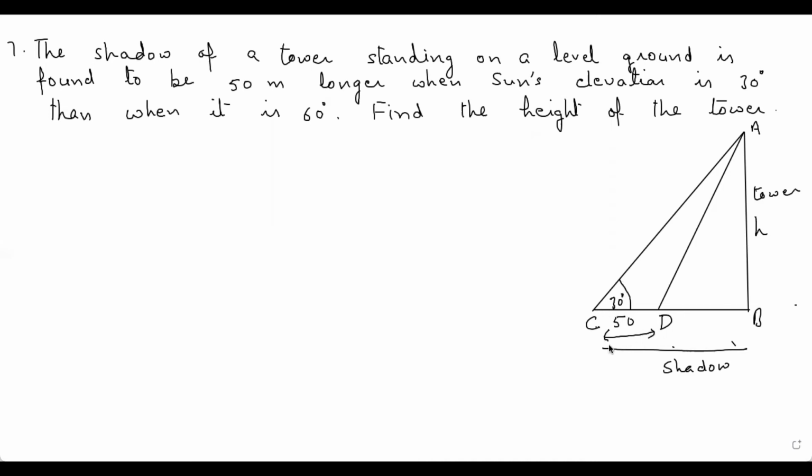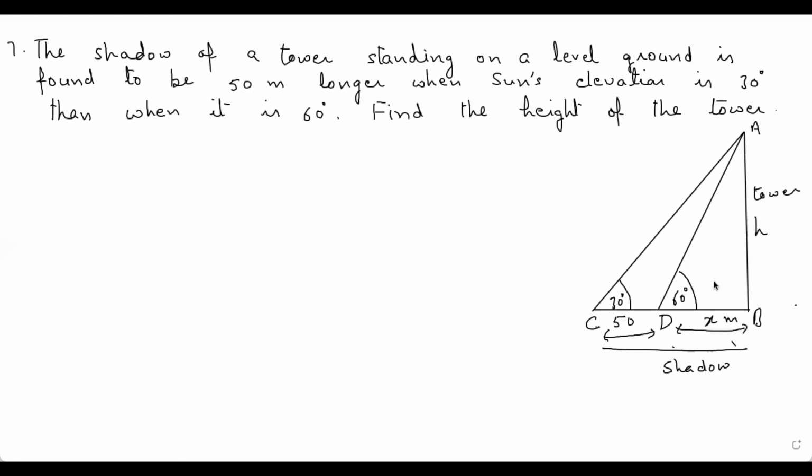Then when angle is 60 degree, this shadow is x meter. Shadow of a tower is 50 meters longer when sun's elevation is 30 degree than when it is 60 degree. It means when sun's elevation is 60 degree, the shadow of a tower is x meter.